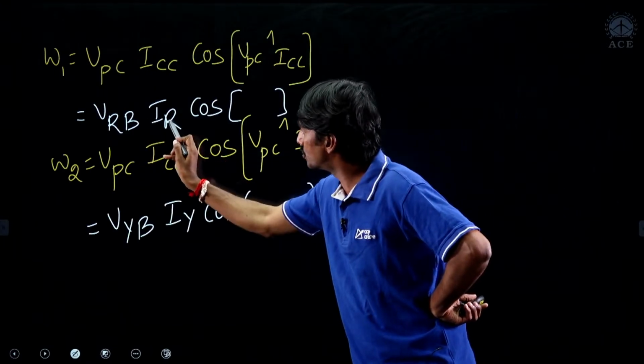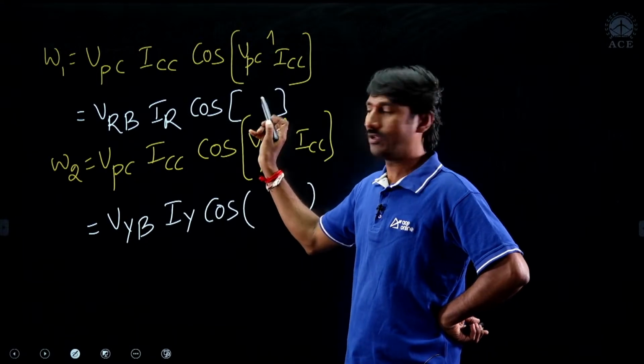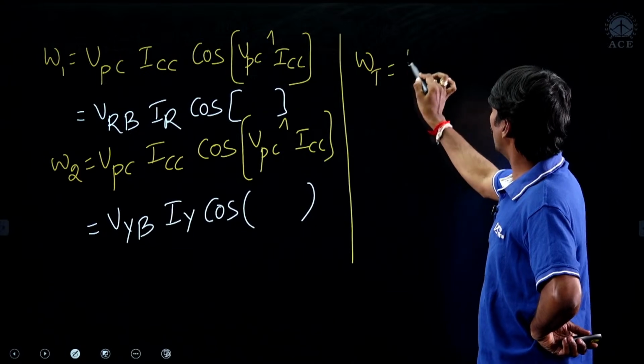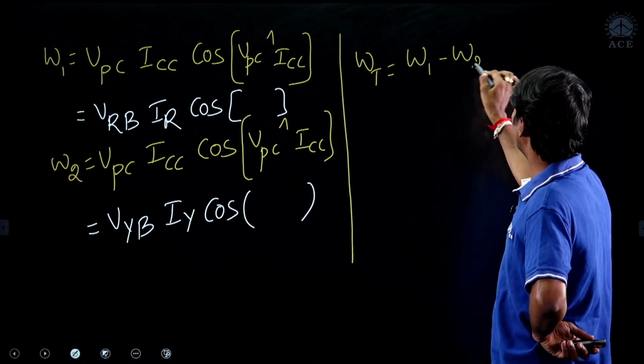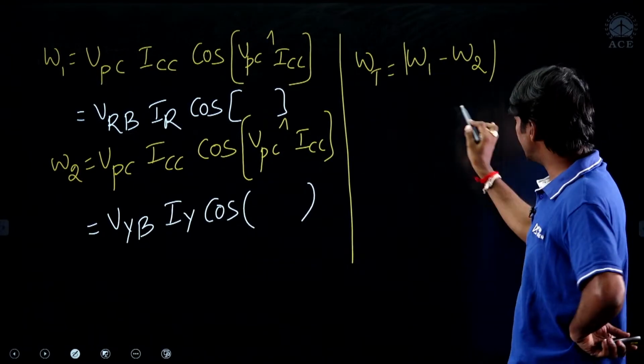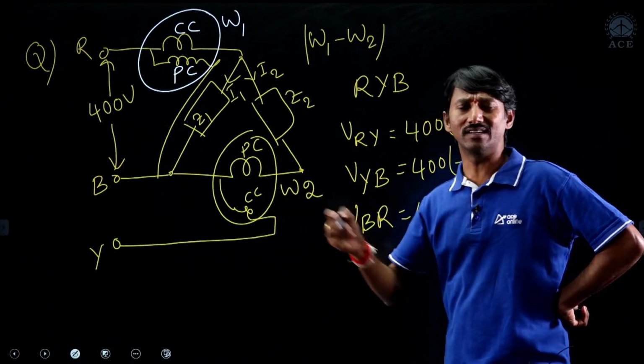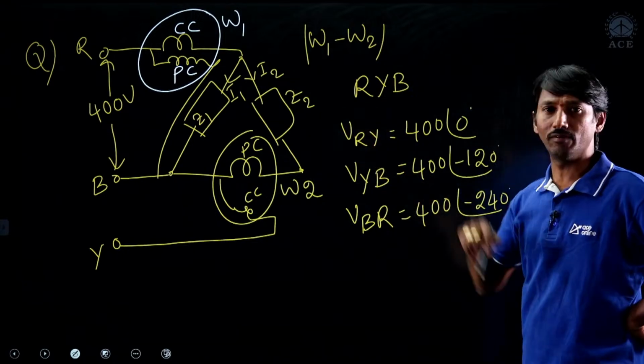If you substitute these, the angle will be available. After getting these values, find W1 minus W2 according to the given data. This is the procedure, and whatever value you get is the final answer. Around 600 may be there, according to the values available.